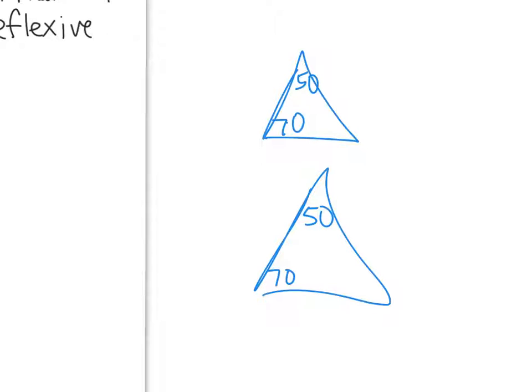Why do they have to be equal to each other? What's true about the sum of the angles of a triangle? 180. They have to add up to 180, so 180 minus 50 minus 70 is 60. If I do it again, am I going to get a different number? No, I'm going to get 60 again, so the third angles have to be congruent, given that the first two are. So we don't have to show that the third angles are congruent. We can go based upon just the two.